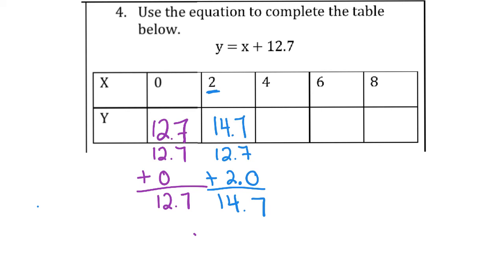And some of you can do this in your head, and that's completely fine. I'm just wanting to show everyone the steps if needed. So then you have 4. So same thing, you have 12 7/10 plus 4 wholes. So this would be 7, 6, so it would be 16 7/10. And the next one, you would have 6. Same thing.